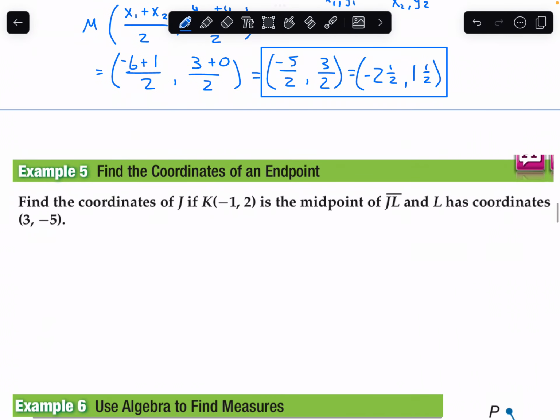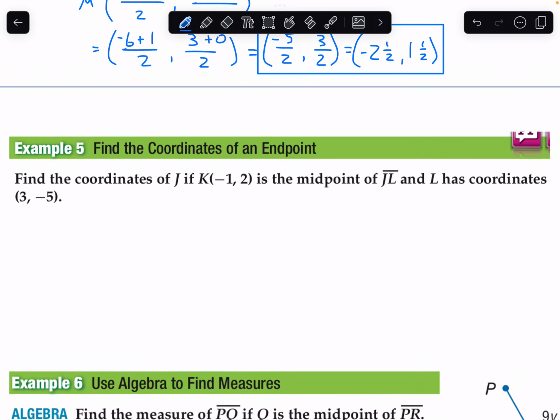On to example 5. Find coordinates of an endpoint. So here we're working backwards. Find the coordinates of J, if K at -1, 2 is the midpoint, so notice K is the midpoint of segment JL, and L has coordinates 3, -5.